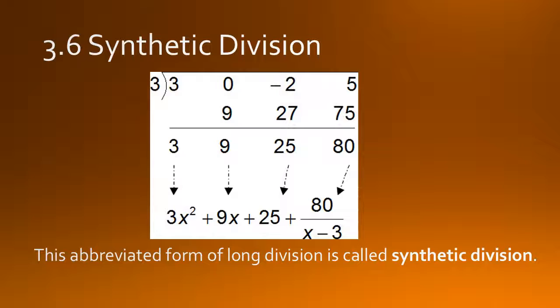You multiply it by the 3 on the outside, so 3 times 3 is 9. And then we add 0 plus 9 is 9, and then do it again. 9 times 3 is 27. -2 plus 27 is 25. 25 times 3 is 75. 5 plus 75 is 80, and that gives us the answer that we got before. Again, this is called synthetic division.